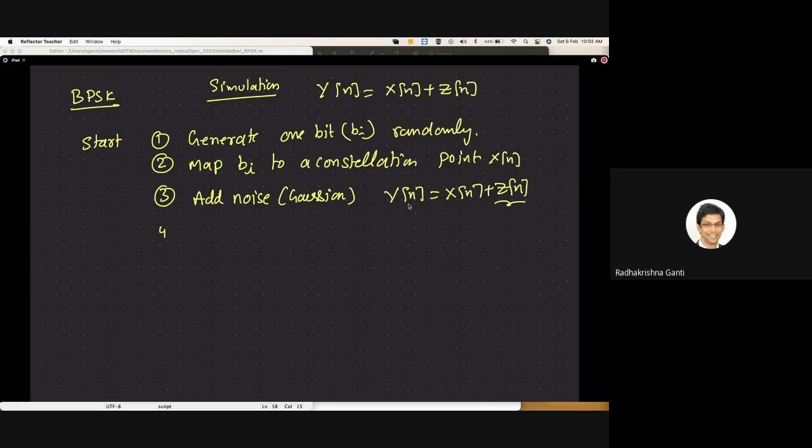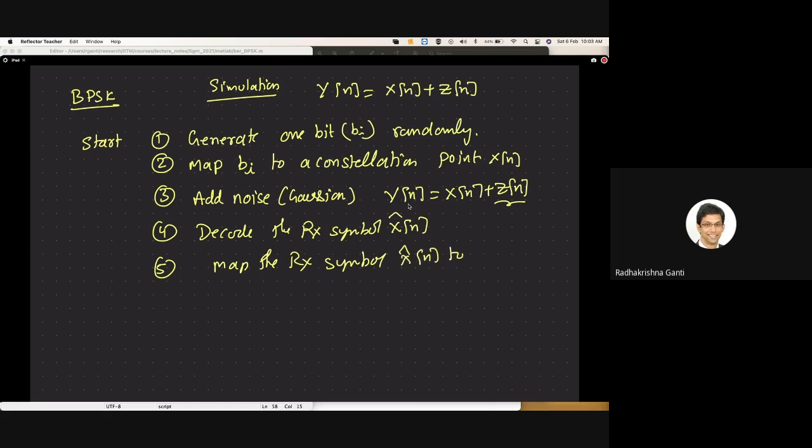The fourth step is the receiver step: decode the Rx symbol x hat of n. The fifth step is map the Rx symbol x hat of n to bits.